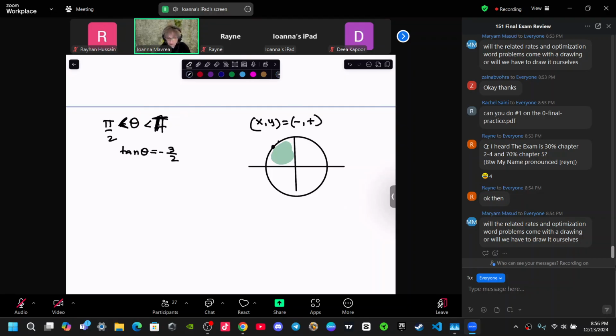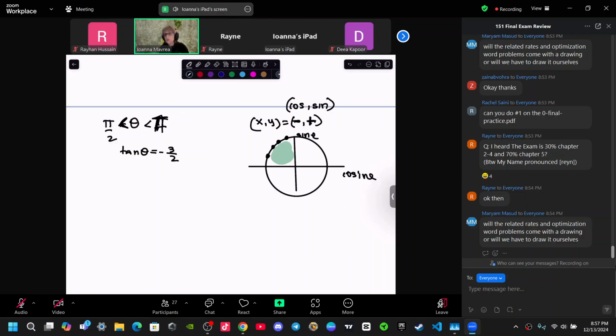All the points here on the circle, the x coordinate is negative and the y coordinate is positive. Because x is the cosine and y is the sine, that tells you the cosine is negative and the sine is positive.